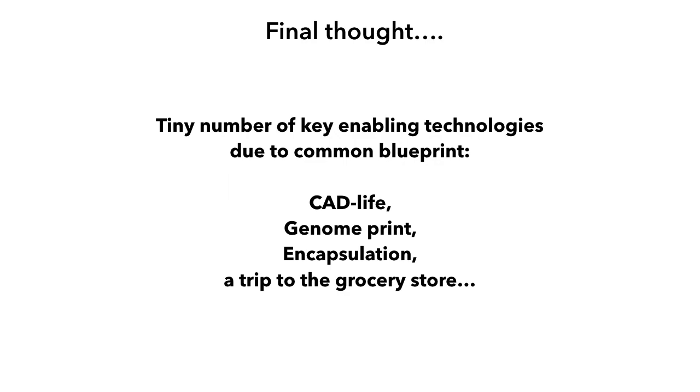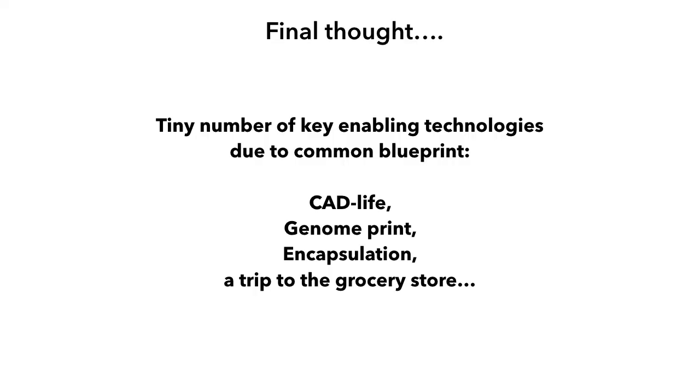So the final thought for today is because there is a common mechanism for storing information in biology, you only need a relatively small number of technologies to broadly alter all of living matter, all of life. And those technologies are tools that allow you to design genomes. You could call this CAD life.